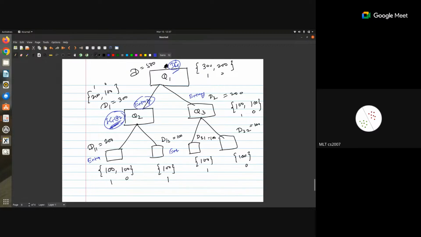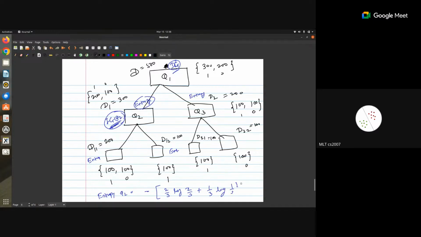So what is the entropy at Q2? Q2 will be minus of 2 by 3 log 2 by 3 plus 1 by 3 log 1 by 3.